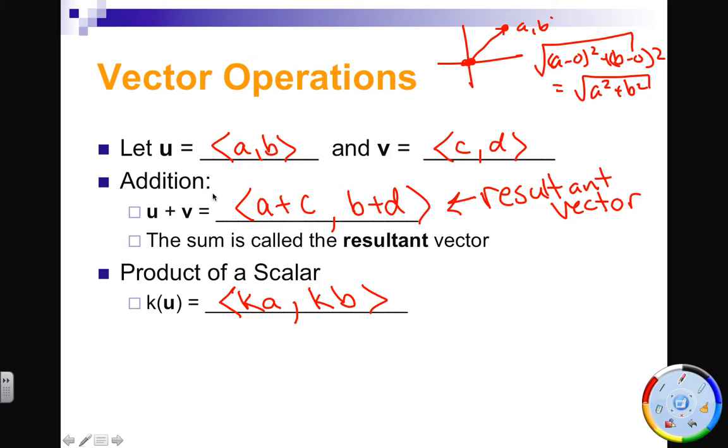Well, that's nice, because if I'm in component form, finding magnitude is super easy. So the magnitude of U is just the square root of A squared plus B squared. The magnitude of V is the square root of C squared plus D squared. Okay, so that's going to come in handy.